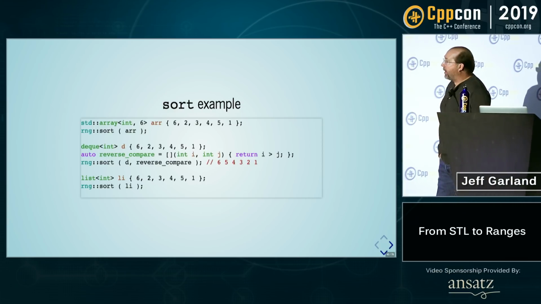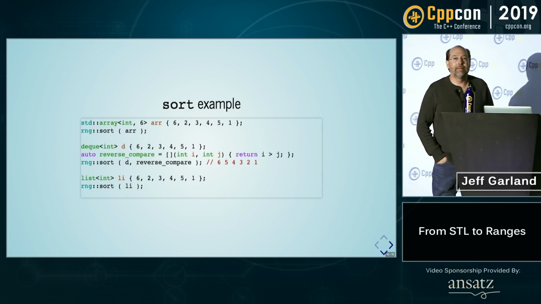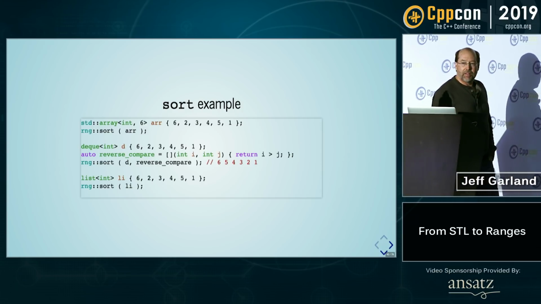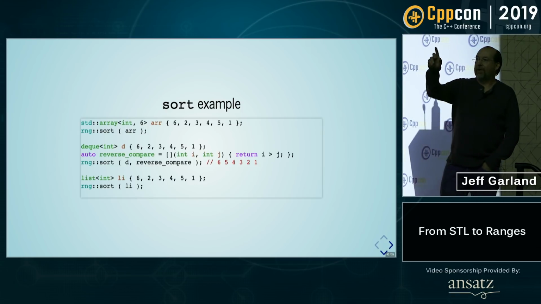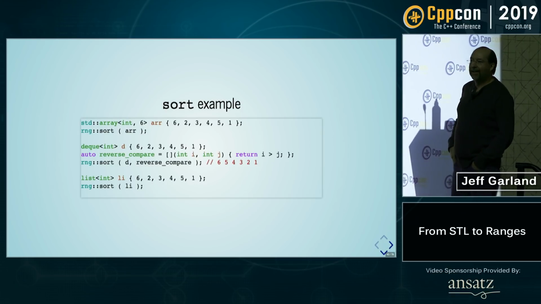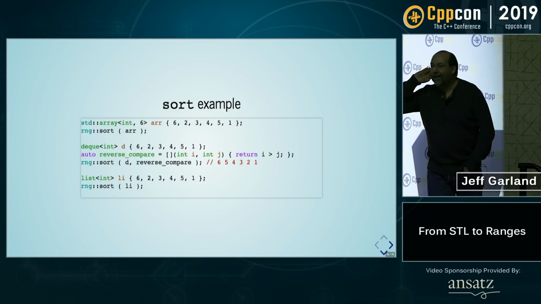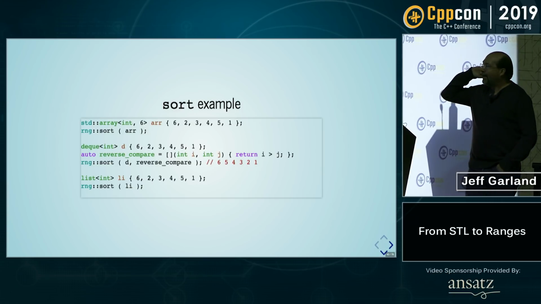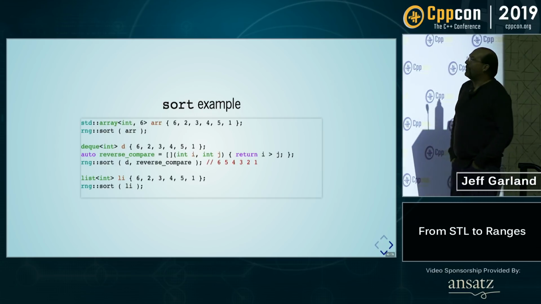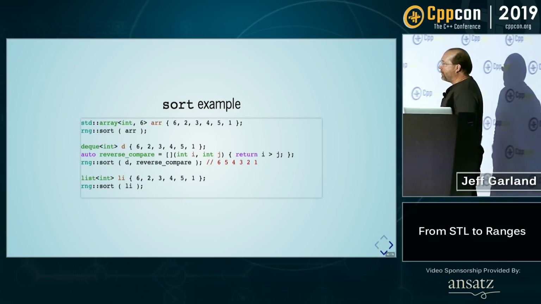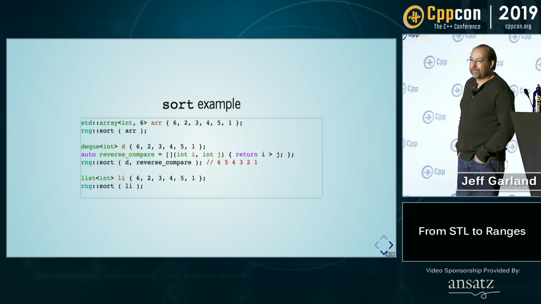And now I have to say that I lied. Does anybody see a problem here? Not the front row. I can't hear you. Sorry. So the problem is that list is not sortable, right?